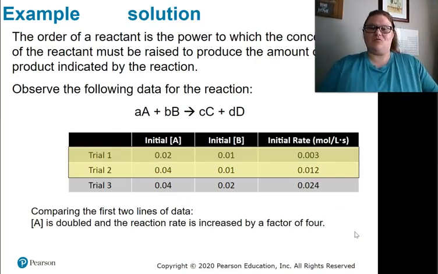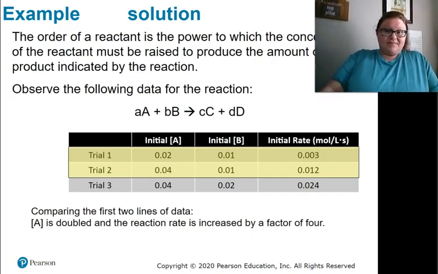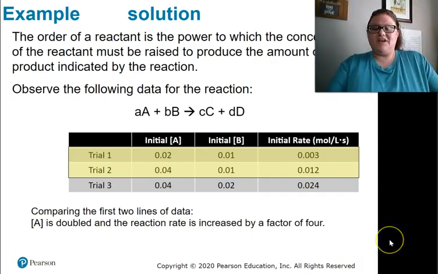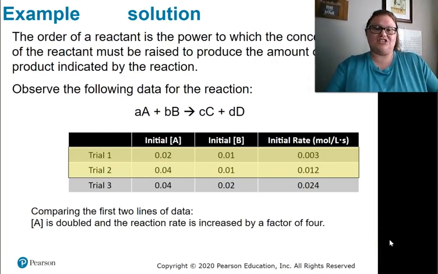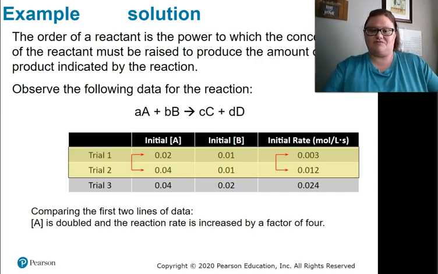Let's look at trials 1 and 2. Here the concentration of A was doubled, but B was unchanged. We can use the fact that B was not changed in these 2 trials, but A was, to figure out A's influence on the rate. So we're going to look at those values that I've bracketed off with the red arrows.